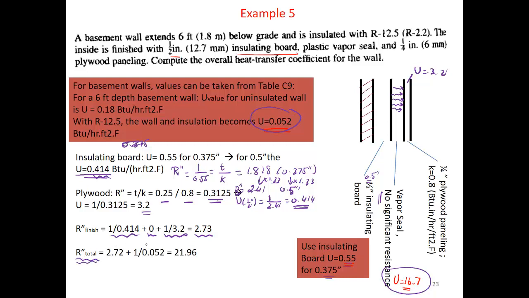So it's 2.73 plus 1 over the U value for the wall. That will give me 21.96. And now we're good to find the U value for the final one, which is simply 1 over that value, and you will get 0.045 BTU per hour foot square.